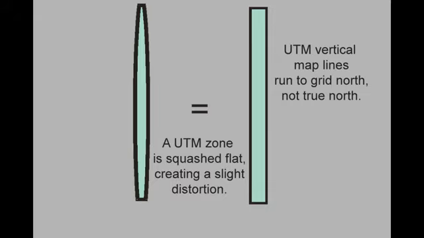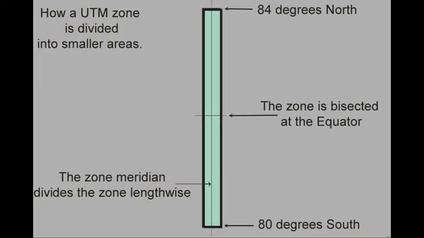Whereas the longitude lines run to true north, the UTM lines run to what's called grid north. Now usually there's not a lot of difference between grid north and true north. It's usually not appreciable, but there is some small difference. Let's look now at how a UTM zone is divided into smaller areas.